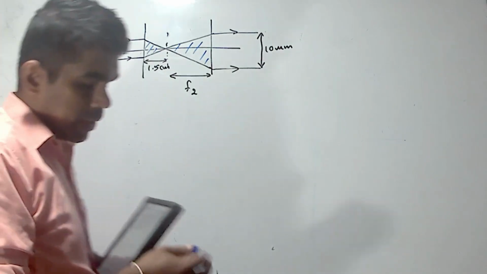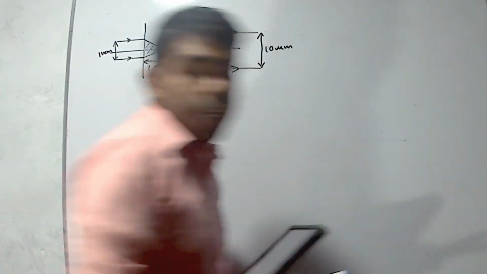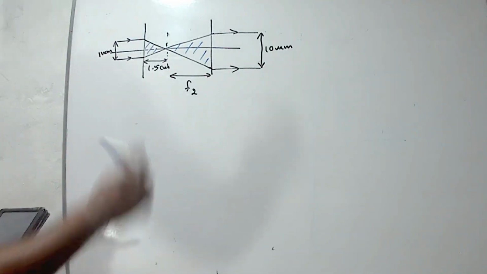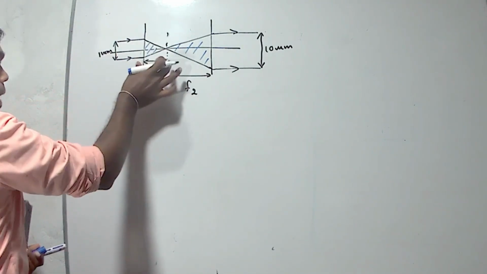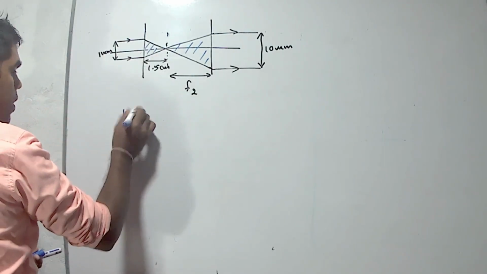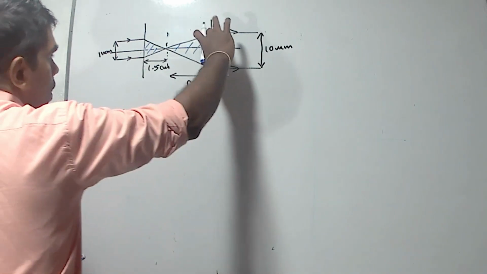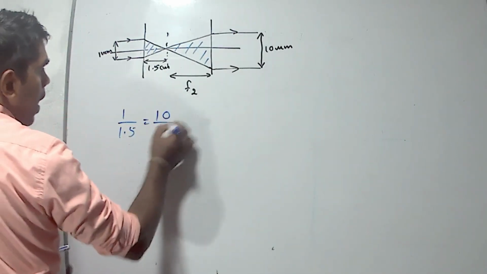Therefore, we can get the ratio between corresponding sides. 1 millimeter divided by 1.5 centimeters, 1 divided by 1.5, should equal 10 millimeters divided by f2.